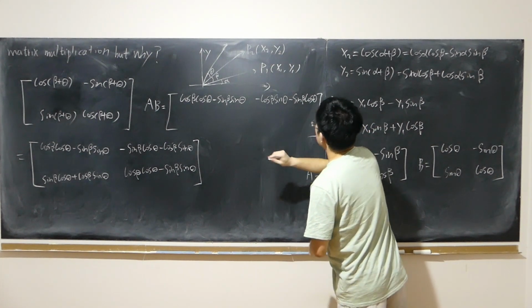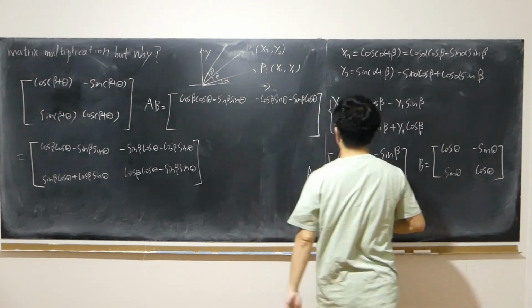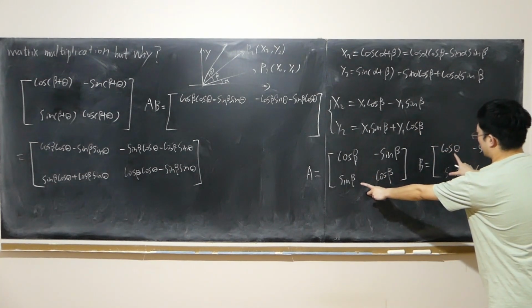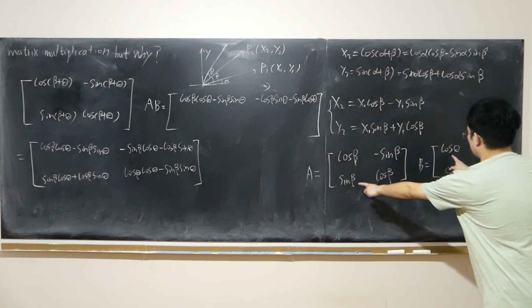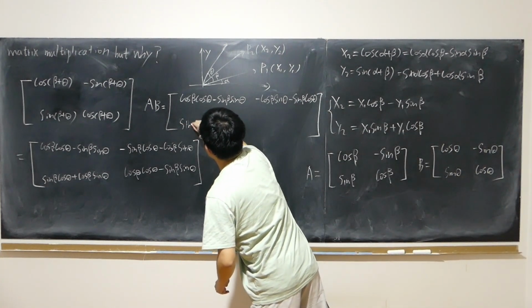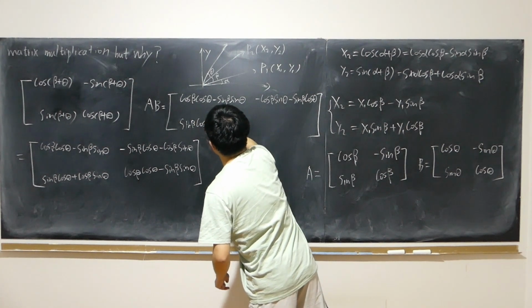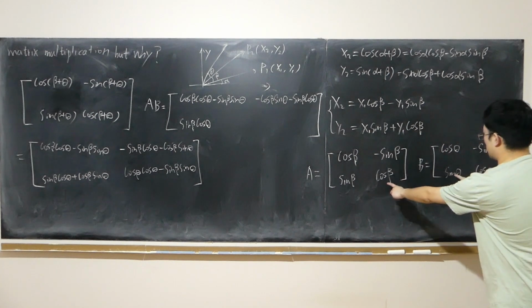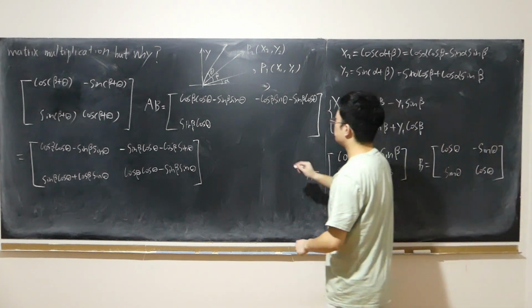That's my second entry. Next entry, second row times first column: sine beta cosine theta plus cosine beta sine theta.